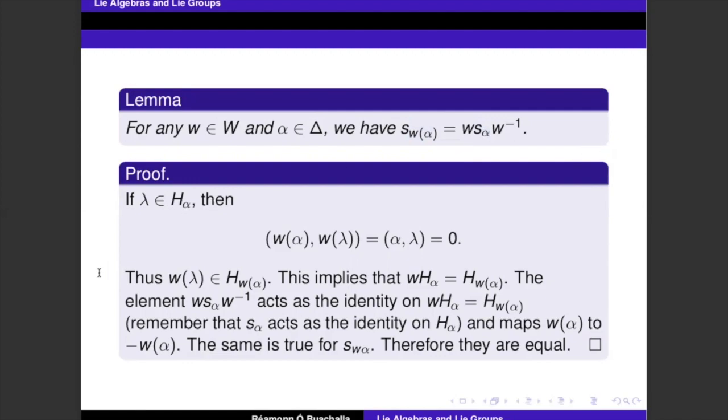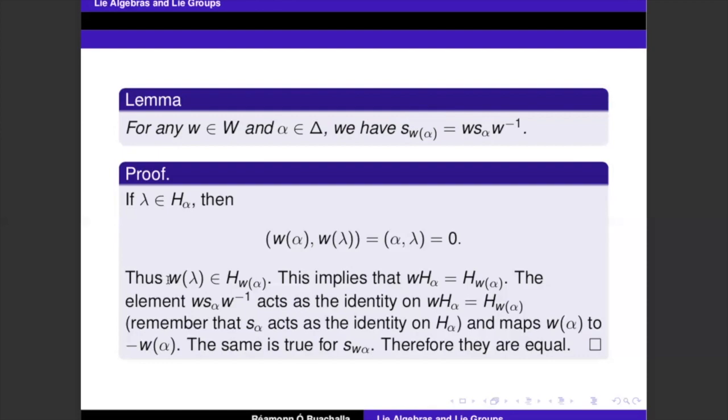So how do we do this? Well, if we have lambda, which is contained in the hyperplane perpendicular to alpha, then because W is a unitary operator, we know that this is true, and we know that this is 0, because that's the definition of H. It's going to be all of those elements such that they're perpendicular to alpha. But what does this mean?